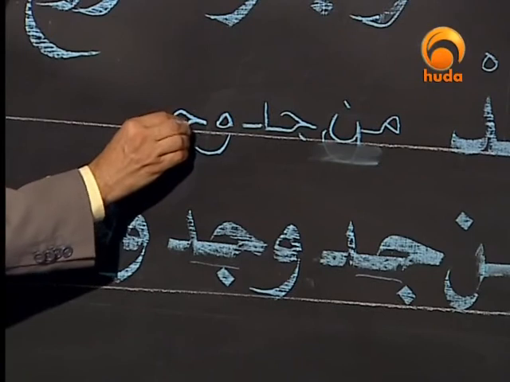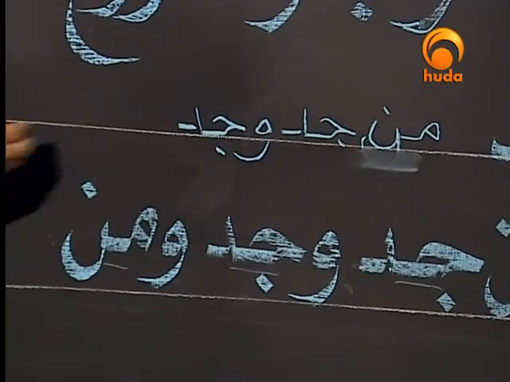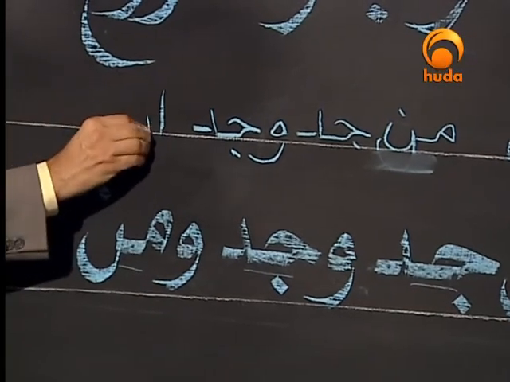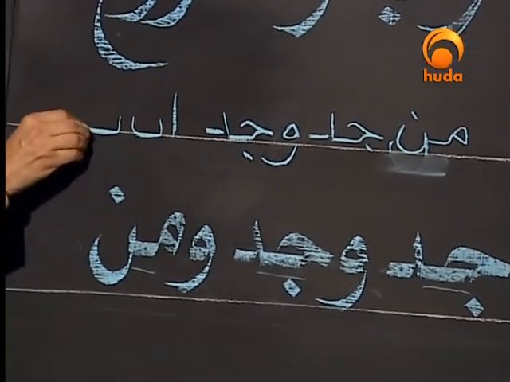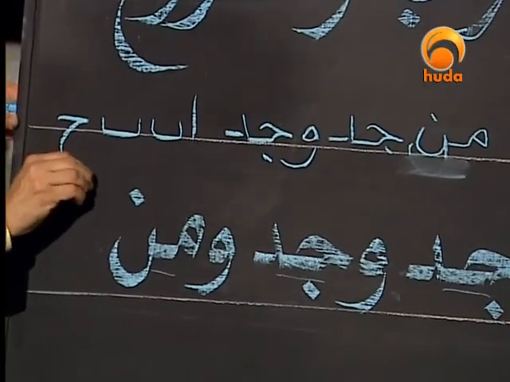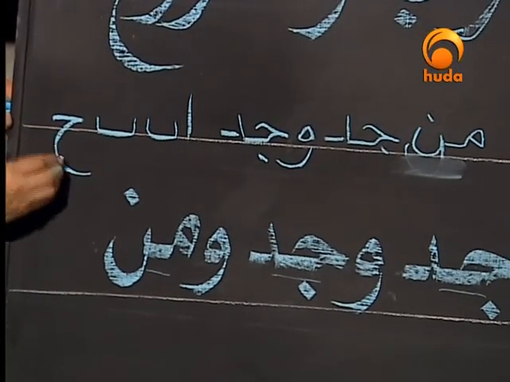Jim and dal. So I think this will be the easier way to make a line and start writing either alif or ba or ta or jim. Something comes on the line and the other part of the letter comes below.